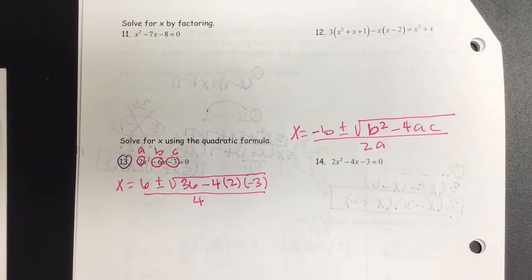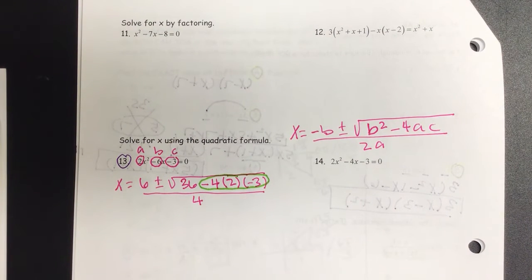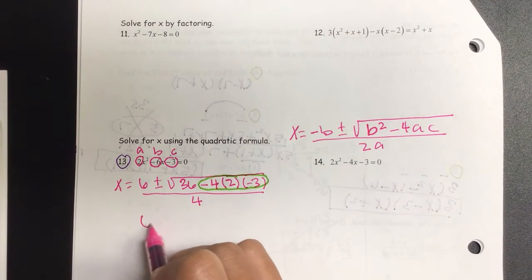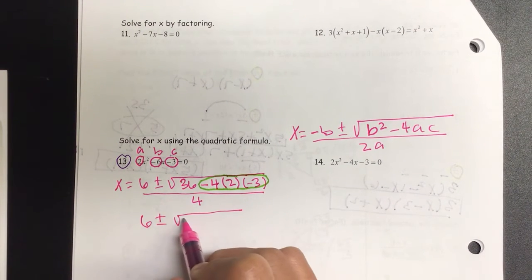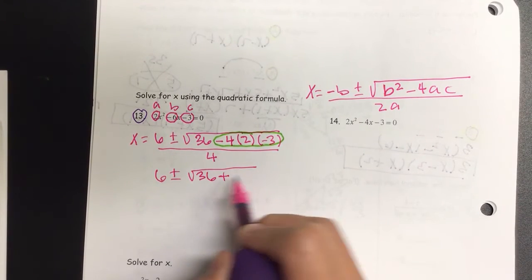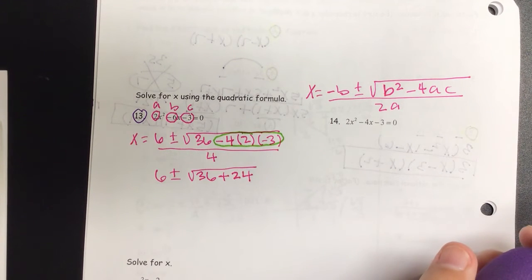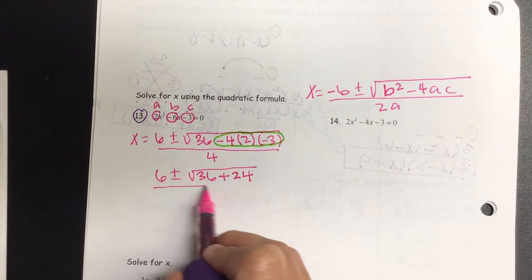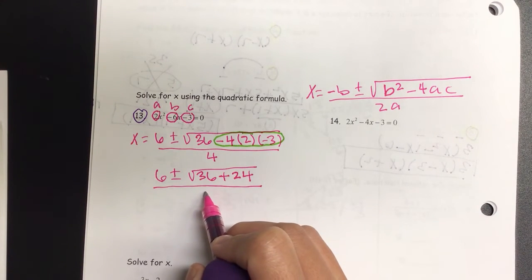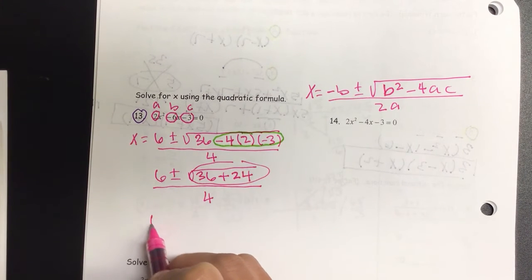The piece that I'm going to go ahead and combine is just this piece over here, because I feel like if I do too many things at once, I might make a mistake. So 6 plus or minus, let's only do what I've circled in green. What is that going to give us? Plus 24. I know there's also times 2, right? All over 4.